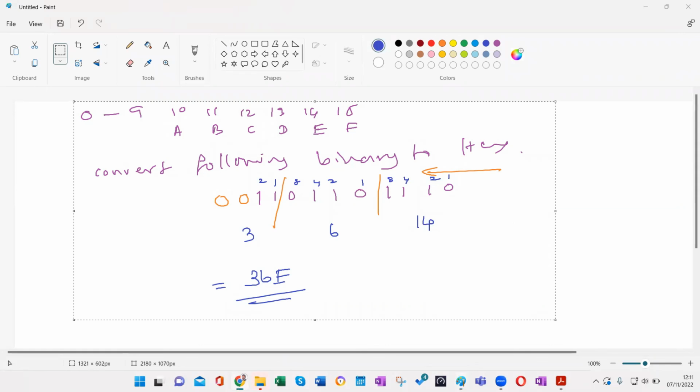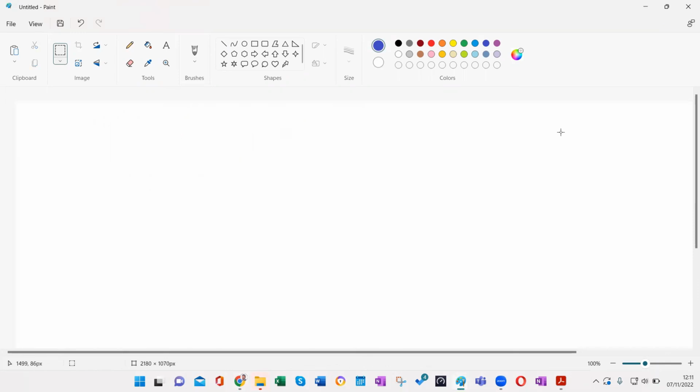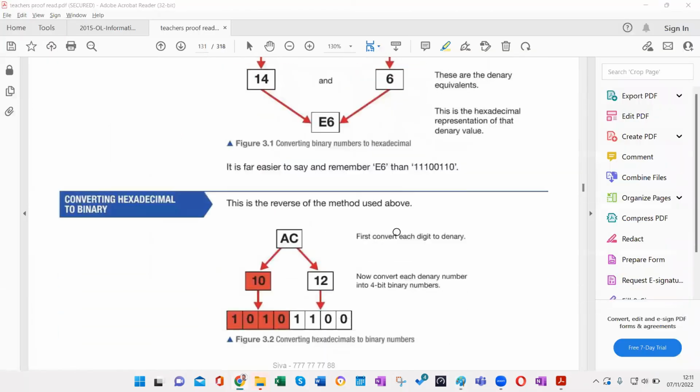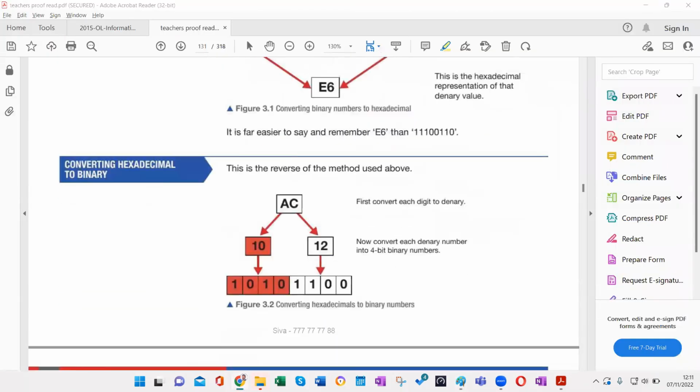Right. Then the last one is converting the hexadecimal into binary. And it's the exact opposite of this. It's the reverse.